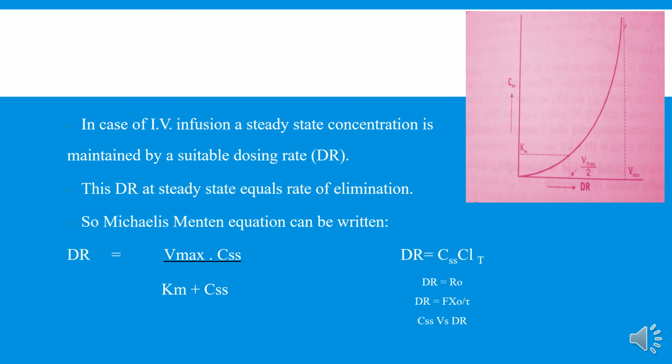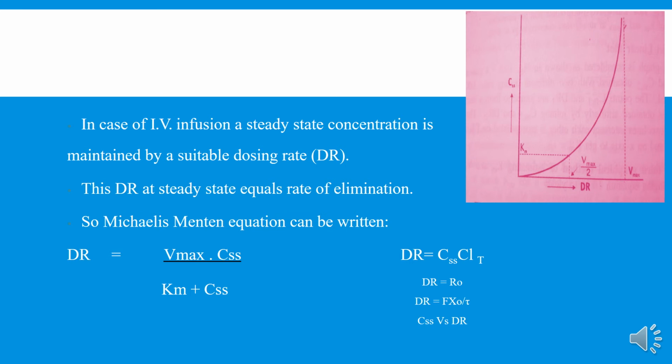Next we are going to think about the IV infusion in the case of a steady state concentration. For example, when a drug is administered as a constant rate IV infusion or in a multiple dosage regimen, how is the dosing rate?